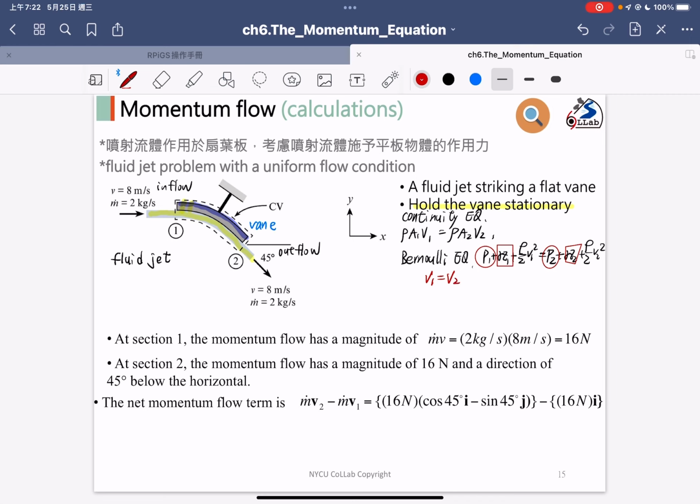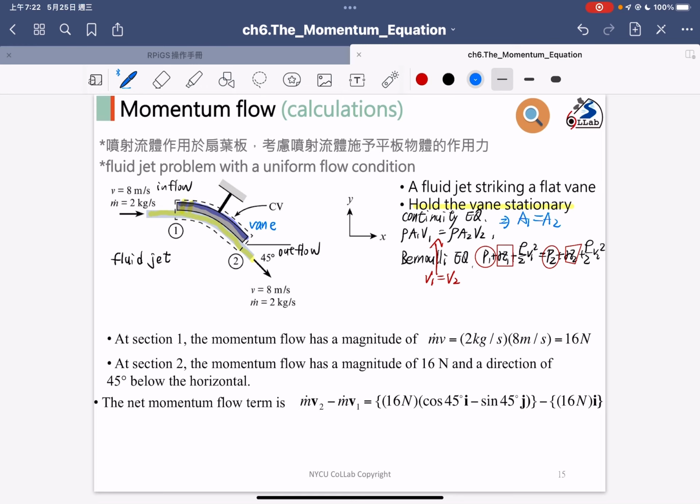And then we put it back into the continuity equation, and we can conclude that A1 will equal A2. So that's why, in the momentum flow figure shown here, they have the same velocities and the same mass flow rate.